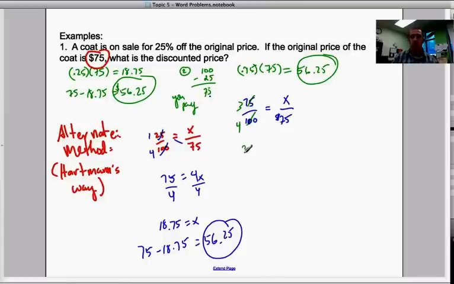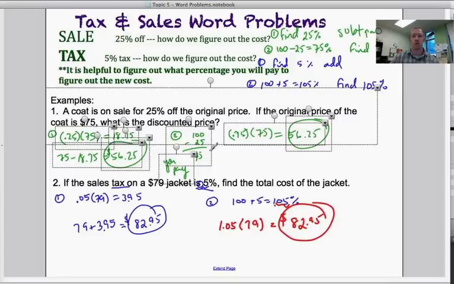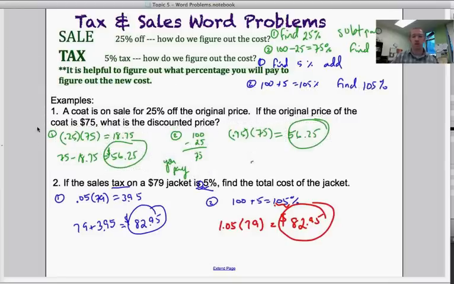So 3 times 75 equals 4x. Divide both by 4, so 3 times 75 is 225 over 4 equals x, which gives you 56.25 equals x. Alright, this is just an alternative way to solve these. Alright, you can certainly go with my method, and that's what I'll be doing for the remainder of the video.